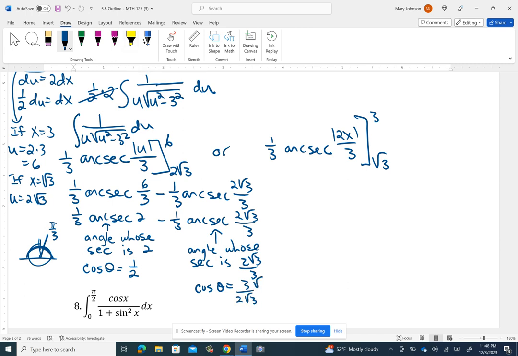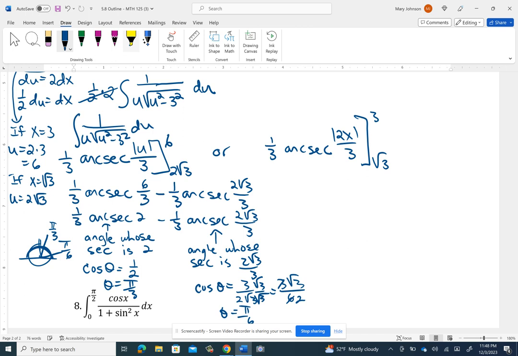And if you go through and simplify that, you get 3 square root of 3 over 2 times 3 over 6, and then you're able to simplify that. Now, square root of 3 over 2 you should recognize as being the cosine of the pi over 6 angle. Okay? So this would be theta equaling pi over 3. Here it would be theta equaling pi over 6.